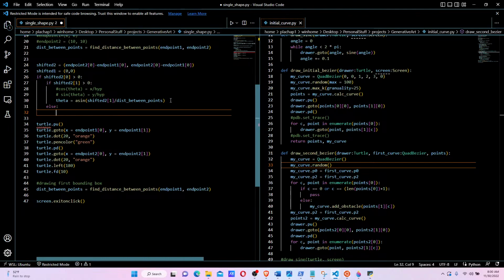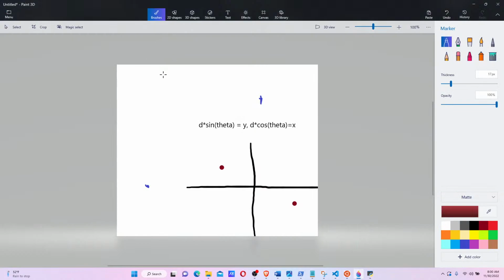So this is saying if we're in the fourth quadrant, I think we could say the same thing. Okay. Theta would be the inner angle. So if the inner angle, oops.